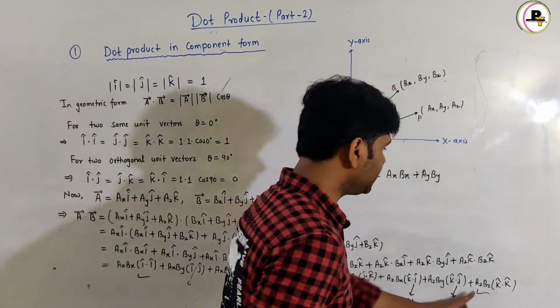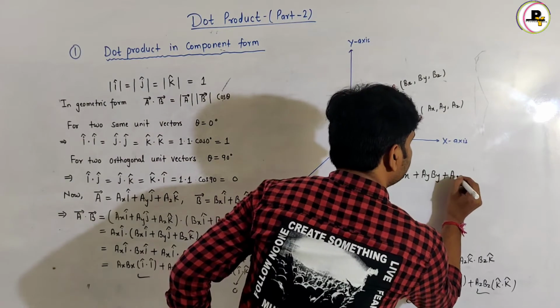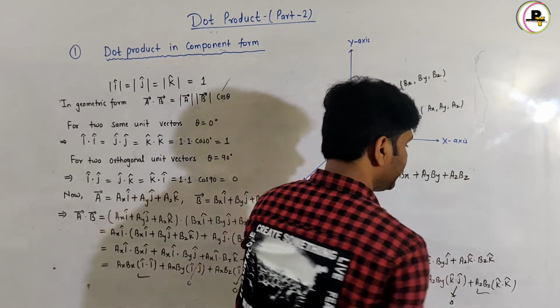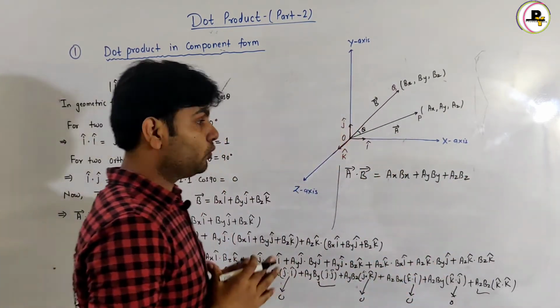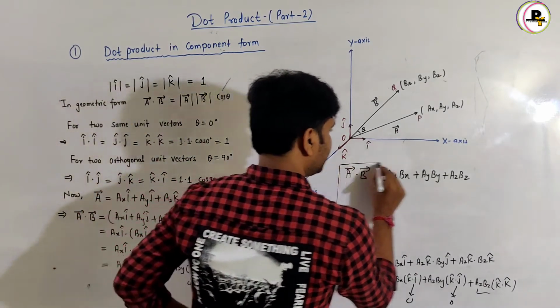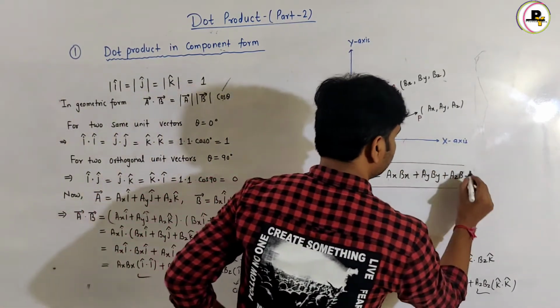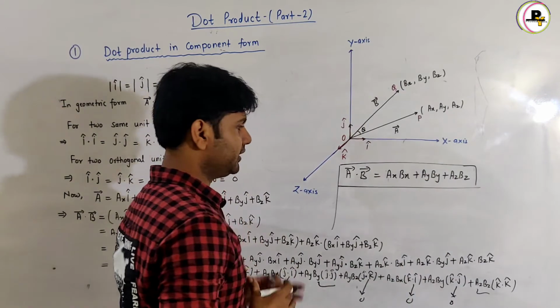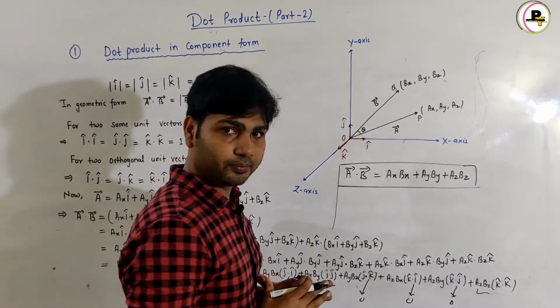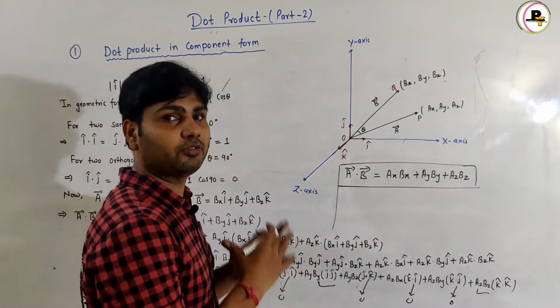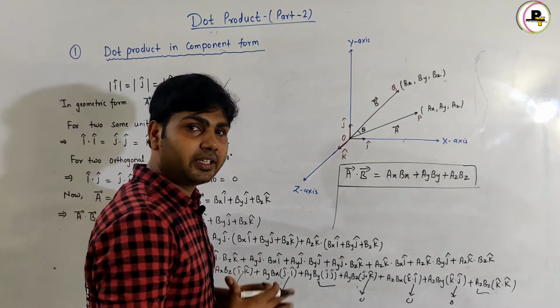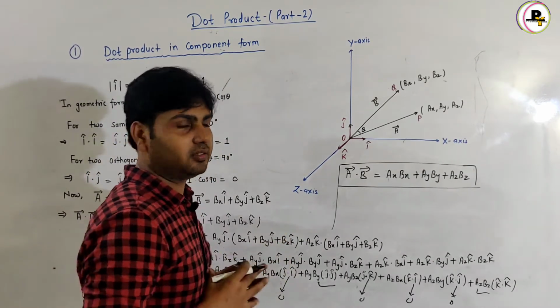And what is the third term? It is plus az bz and k cap dot k cap will be equal to 1. So I can write here a dot product of the two vectors in terms of rectangular components is equal to the sum of the product of the coefficients of i cap, j cap, and k cap respectively.